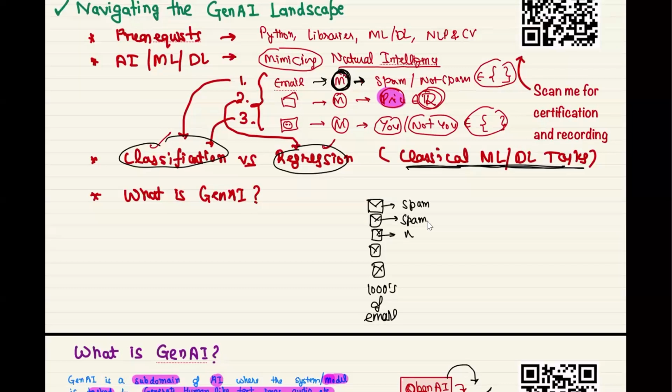You'll label all these emails, and this data is going to be passed to one of the machine learning or deep learning algorithms, an algorithm that will generate a model. You know what this model will learn? This model will learn a pattern, a relationship between what kind of emails are spam and what kind of emails are not spam.